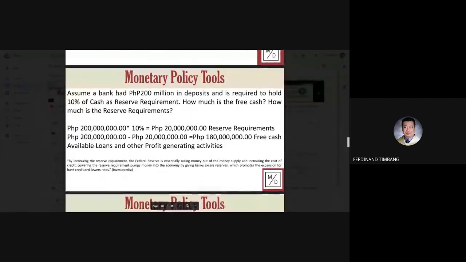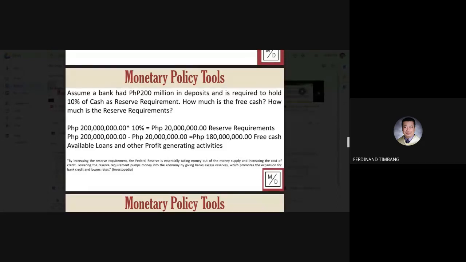So assume a bank had 200 million in deposits and is required to hold 10% of cash as reserve requirement. So how much is the free cash? How much is the reserve requirement? So kung meron tayong 200 million deposits, so meaning the 200 million, this is already the consolidated deposits of all the financial institutions with BSP, no?